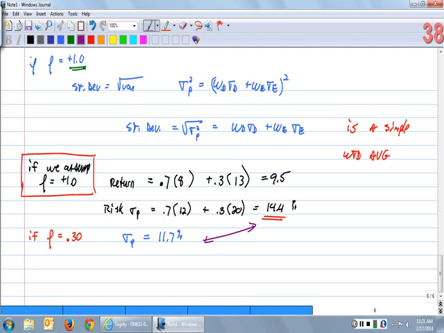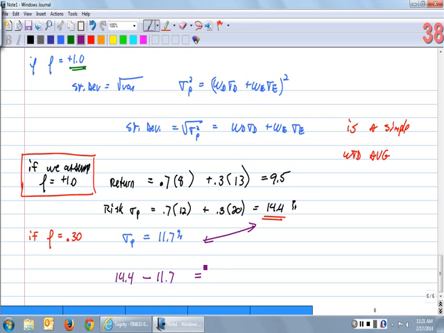I say it's the difference between 14.4 and 11.7. Because the maximum risk that we would have with these two assets is 14.4. That's when there's no risk reduction. We combined assets together and said, well, look, the correlation is +0.3. We saw for the standard deviation we got 11.7.